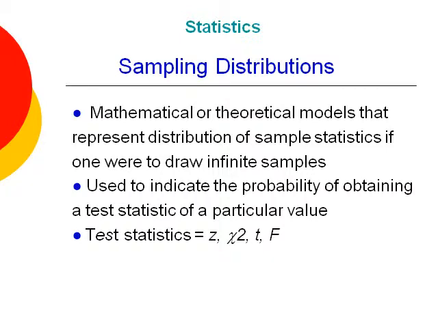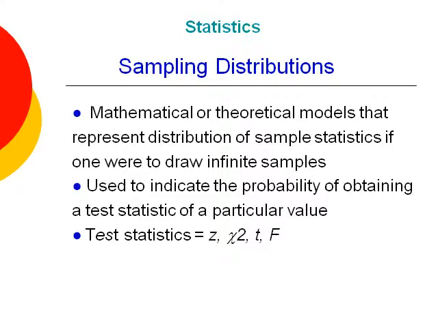In hypothesis testing, we determine the probability of events by consulting various sampling distributions. Sampling distributions are mathematical or theoretical models that represent distributions of sample statistics if one were to draw infinite samples. These distributions are probability distributions, and we have already looked at two sampling distributions when we discussed the standardized normal distribution and the binomial distribution.